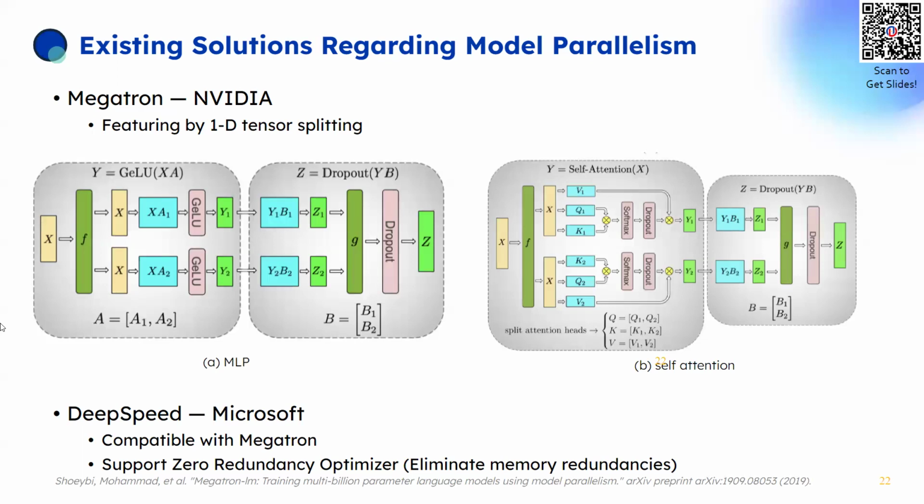Basically, for each element it's a multiply and an add, so two operations, because you need to multiply them together.